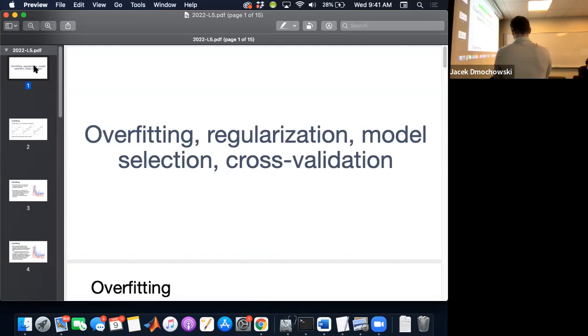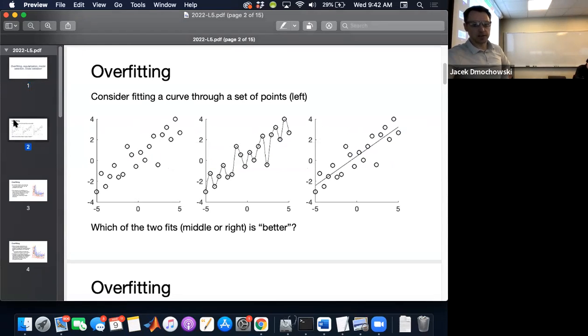Those top concepts are overfitting, regularization, which is the primary way of dealing with overfitting, model selection, which is really another way of looking at what regularization is doing, and then cross-validation, which is a very practical way of evaluating a model, tuning a model, tuning the regularization terms, and something that you always do with a data set.